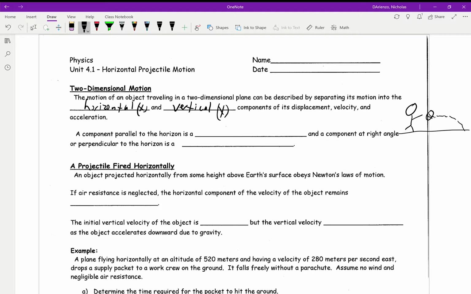We can look at this as splitting a vector of displacement, velocity, or acceleration into its horizontal and vertical components. The component that's parallel to the horizon is known as the horizontal component. Horizontal. Who would have thought it? And a component at a right angle, or perpendicular, to that horizon is our vertical component.